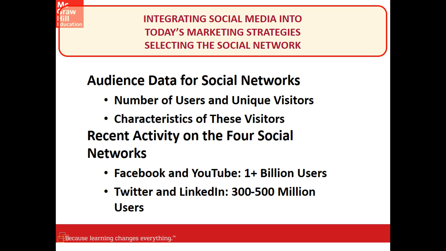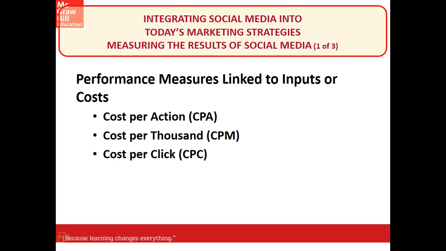And the number of YouTube, Facebook visitors, over a billion. Twitter, LinkedIn, hundreds of millions of users, okay? Performance measures for social media: cost per action, cost per thousand, again CPM, and cost per click, CPC.